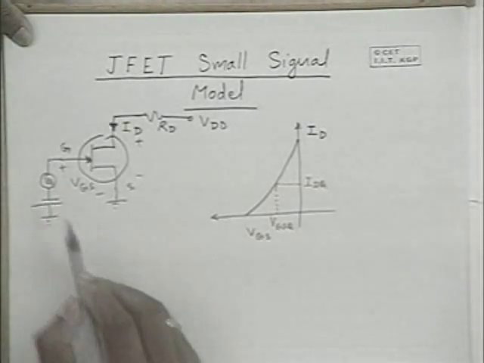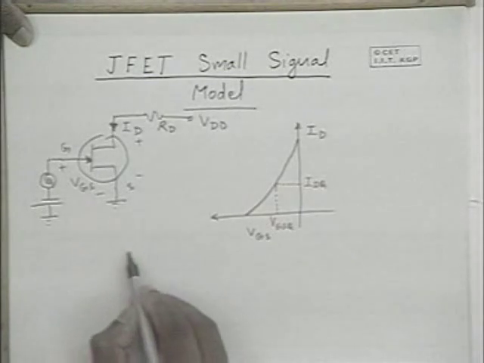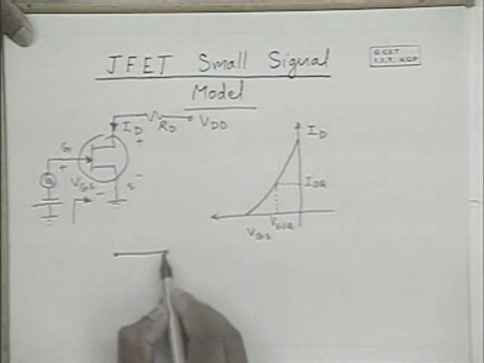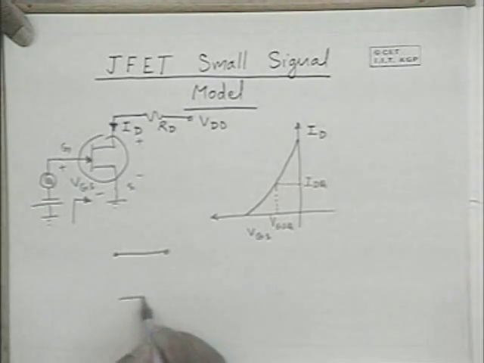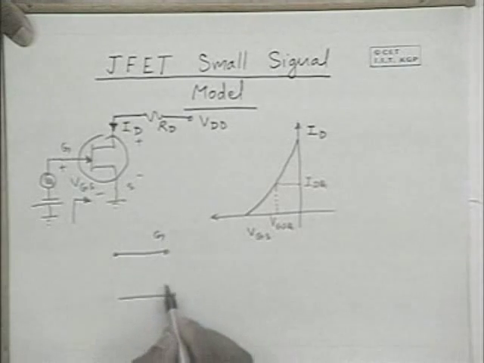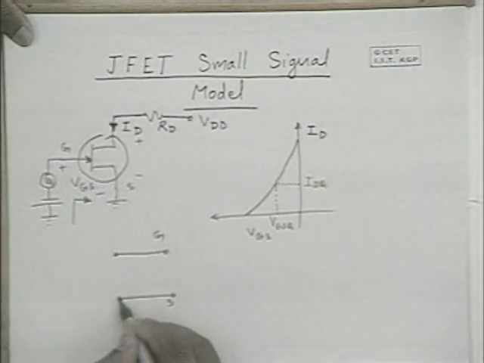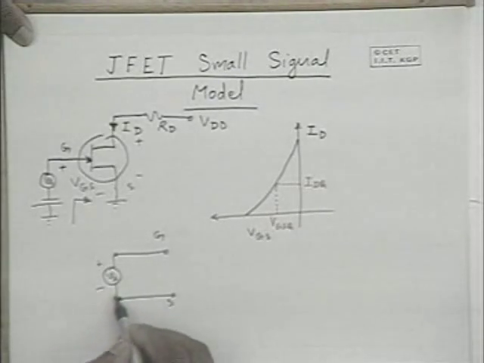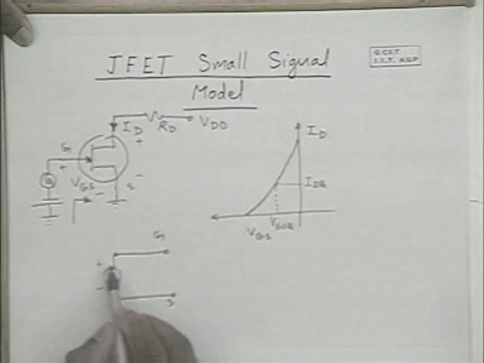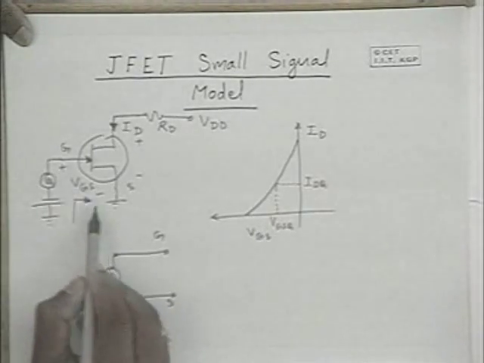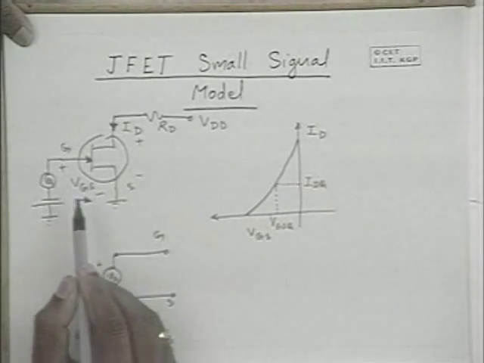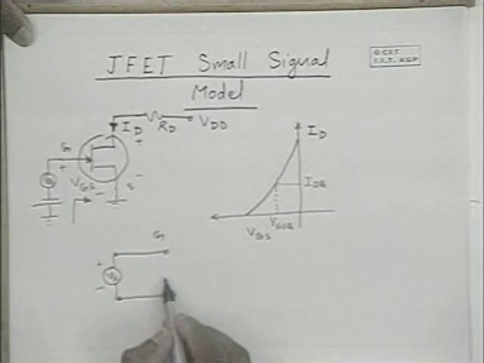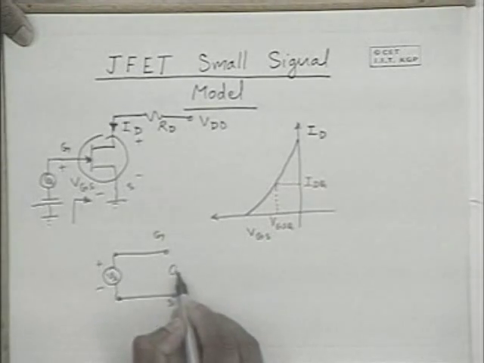Hence, this is the input side of a field effect transistor. So on the input side, it is an open circuit. If this is the gate and the source is connected here, on the input side, whatever signal is applied, once it is a small signal, its amplitude is much smaller than the VGSQ, the Q point gate to source voltage, then this is reverse biased and it is like an open circuit.